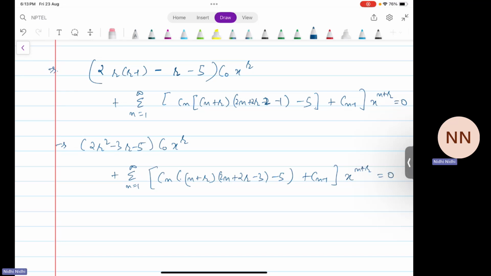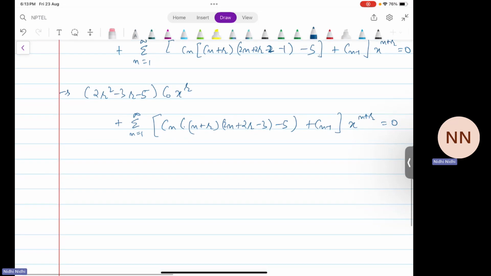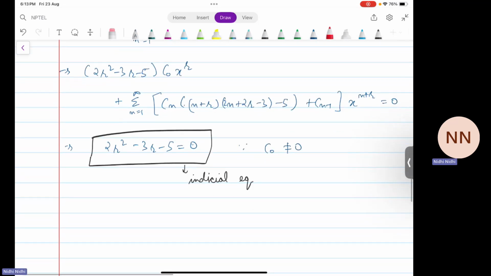Now equating the coefficients of x to the power r, x to the power r plus 1 and so on, we get 2r square minus 3r minus 5 is equal to 0 because our c naught was non-zero. Now this equation is called indicial equation. So let me recall what happens for the various cases of roots of this indicial equation.